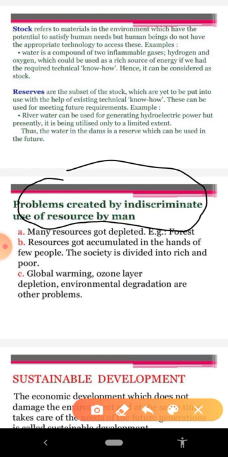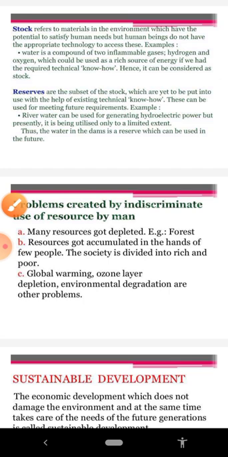Disturbance of ecological balance and extinction of plants and animals. Next problem, pollution and health problems. Sixth, global warming and depletion of ozone layer. So these are the important problems we are facing.